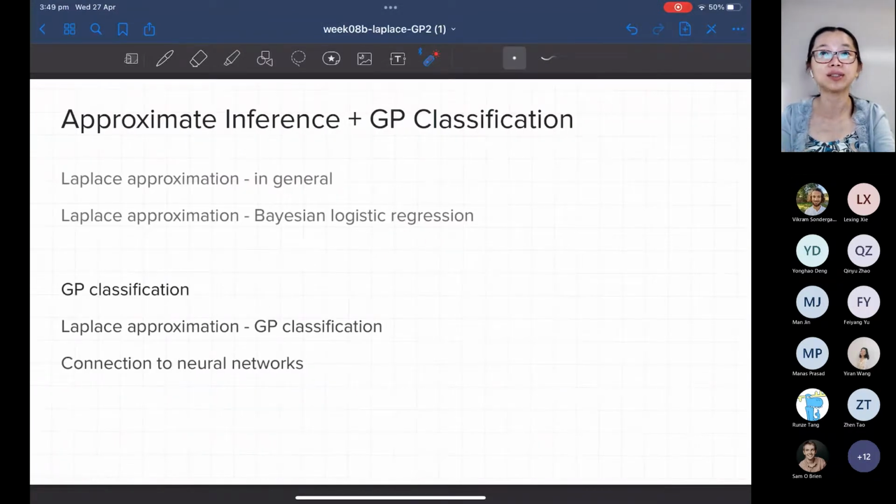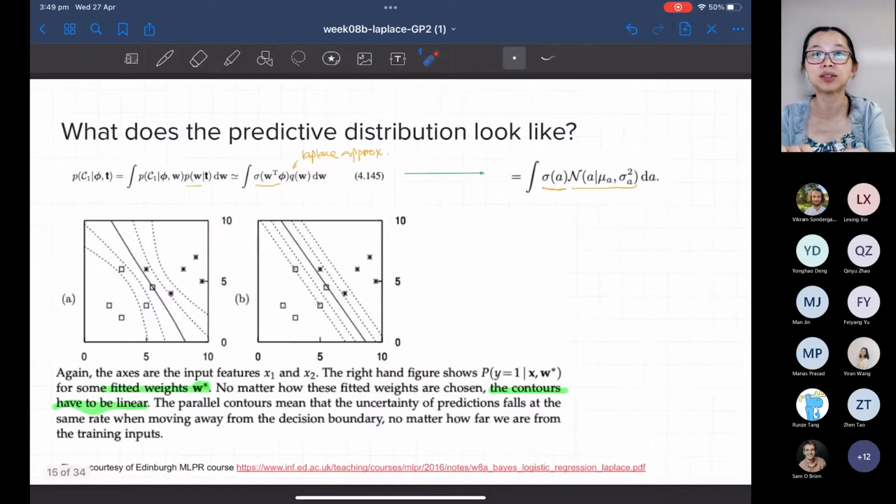Are there any questions? Oh, yeah. Vikram said, the left-hand side graph is a Laplace approximation, and the right-hand side graph is predictions with some optimal weights. Yes, you're right.